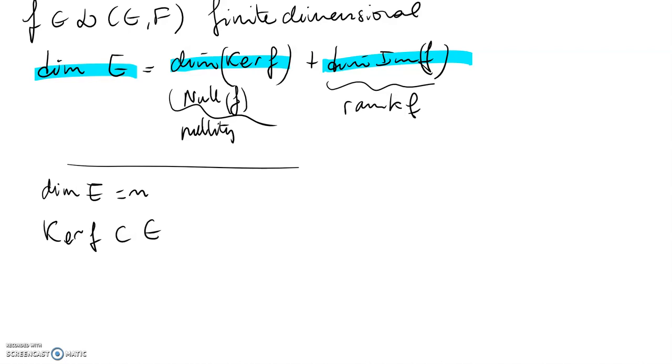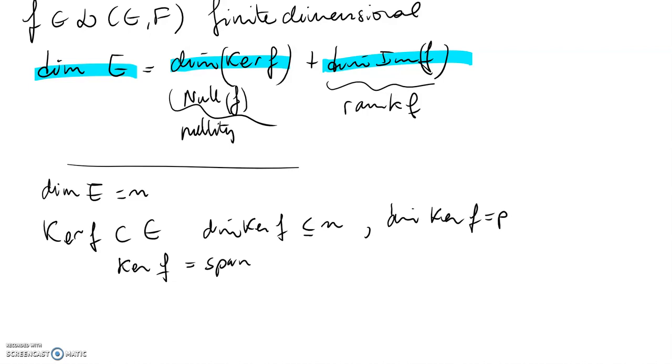So it's a subspace of the domain, and we know that the dimension of the kernel of F is smaller or equal to n. Let's say that the dimension of the kernel of F is equal to p. It is spanned by some p vectors. Let's call them E1 up to Ep.